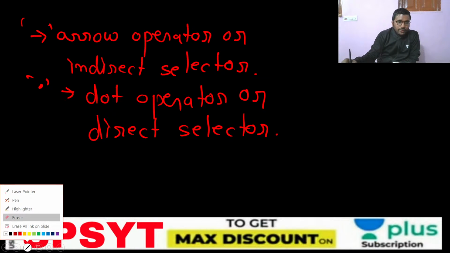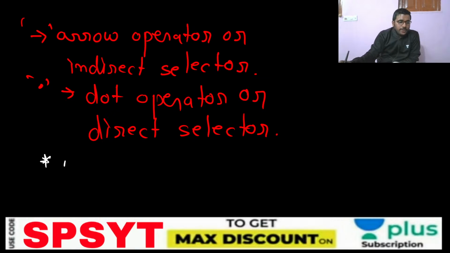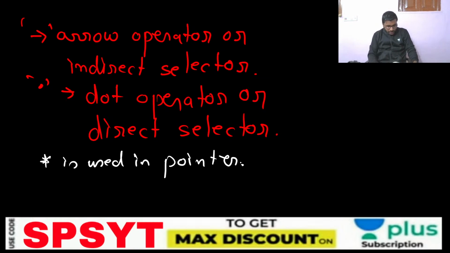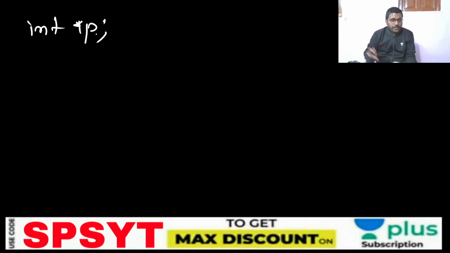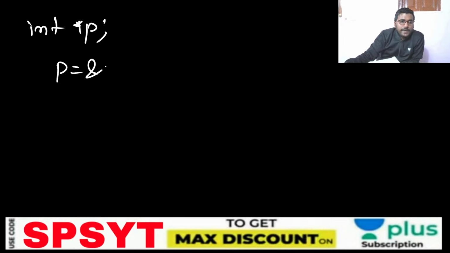Now star is used in pointers. When I teach you pointers, it will be more clear. Like int star p is a pointer. If you assign p equal to ampersand x, it reads as address of x.